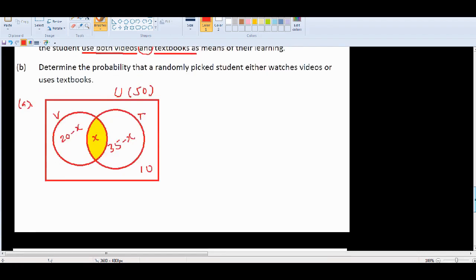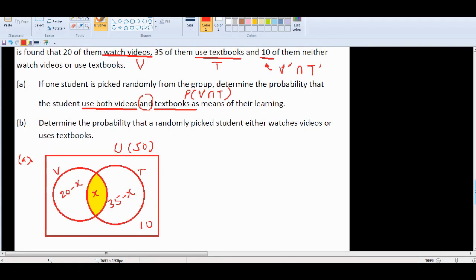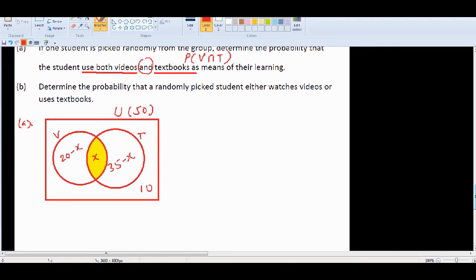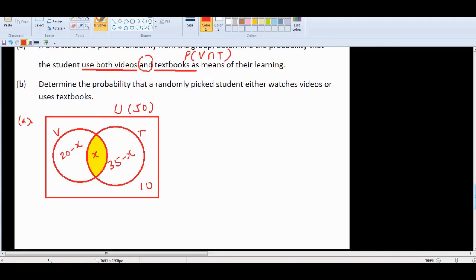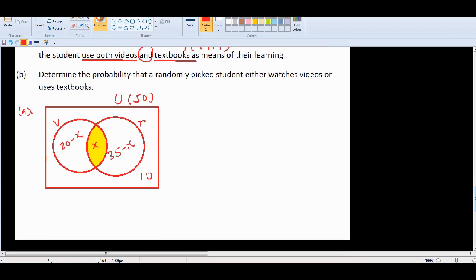I have emphasized the use of Venn diagrams many times now. You have to add each of the 4 regions together to get 50. After solving this, you will see X will be 15, so that means 15 students do both.